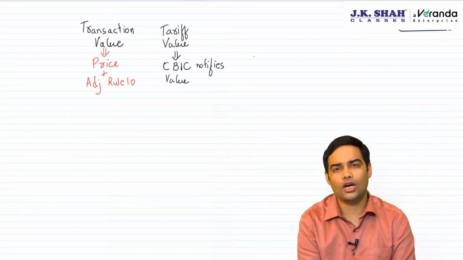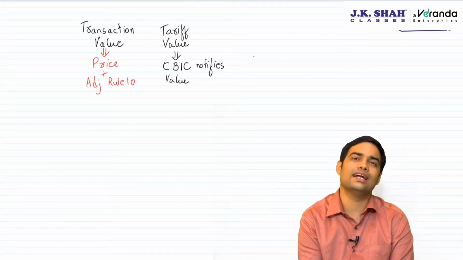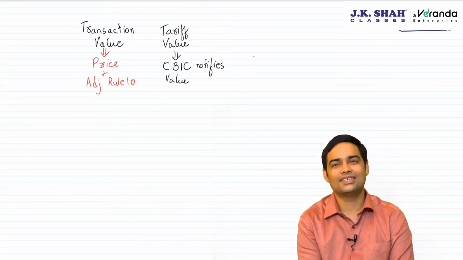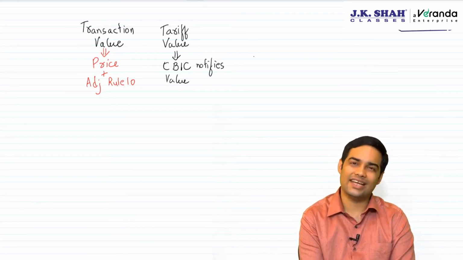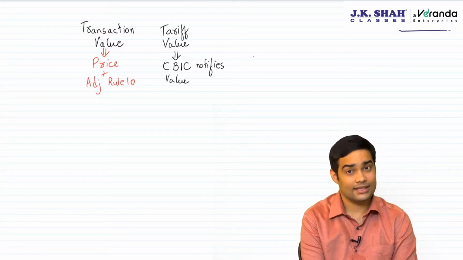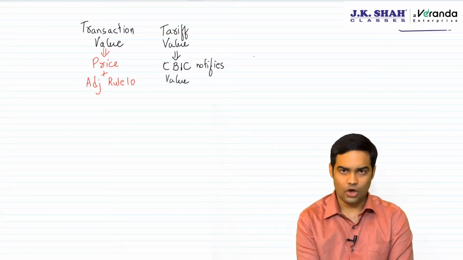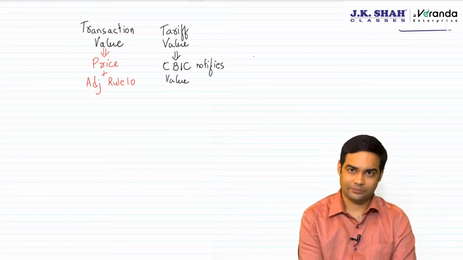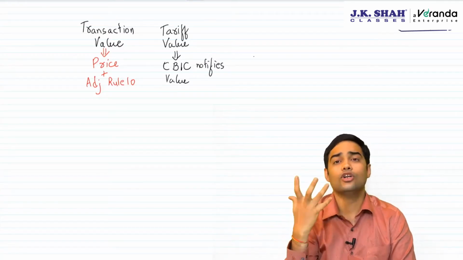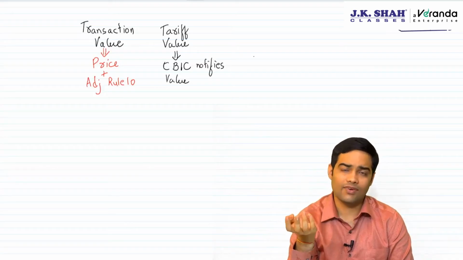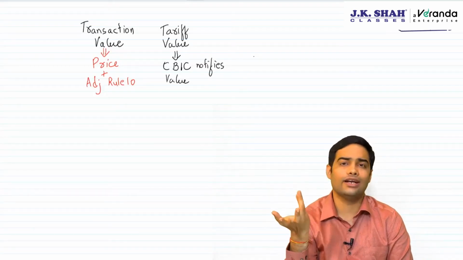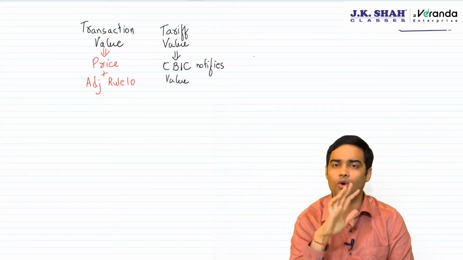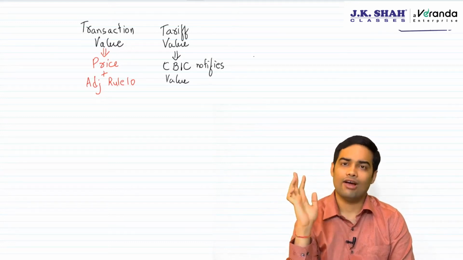And there would not be any adjustments to be done, for the simple reason that the value which CBIC is giving is after considering any kind of adjustments as well. Okay. Then, if tariff value is not notified, no problems. You will just do transaction value and close the valuation.